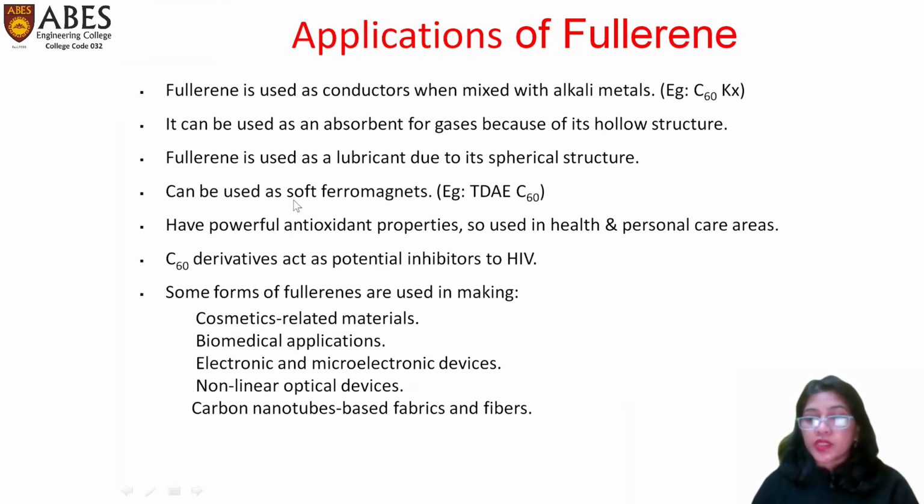It can be used as soft ferromagnets. Having powerful antioxidant properties, it is used in health and personal care. C60 derivatives act as potential inhibitors of HIV. The other uses of fullerenes are in cosmetic-related materials, biomedical applications, electronic and microelectronic devices, non-linear optical devices, and carbon nanotubes, and these carbon nanotubes are used in fabrics and fibers.